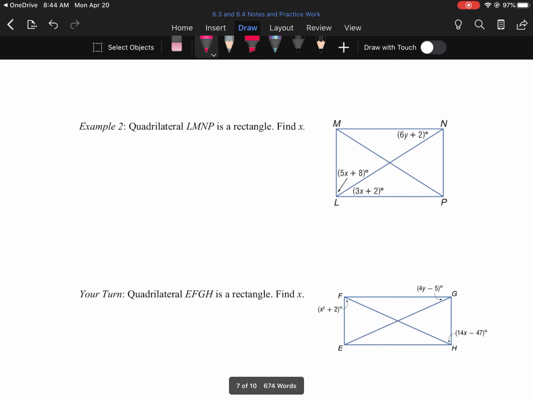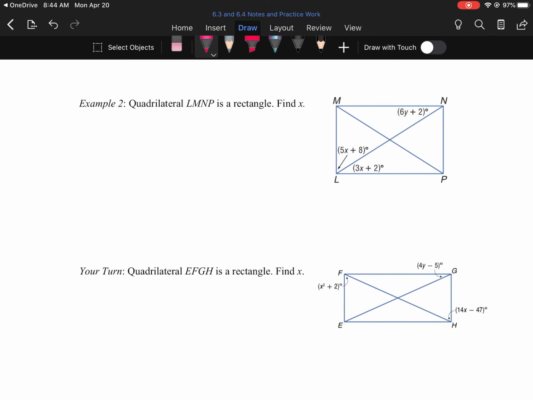All right, moving on to example 2. Quadrilateral LMNP is a rectangle. We have to find x. I'm actually going to also make us find y here, just so you know. To find x, since it's a rectangle, we know that all 4 angles are 90 degrees.